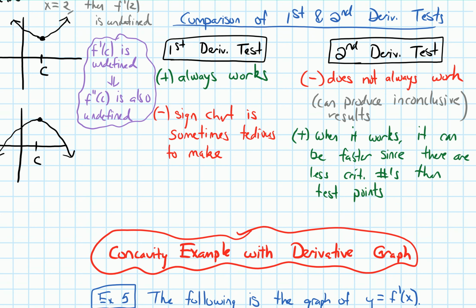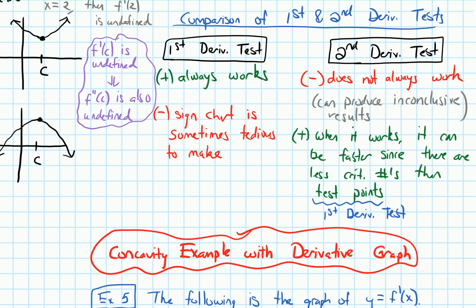And by test points, I mean things that we get in the first derivative test that we plug into the first derivative, numbers in each subinterval. So these are things from the first derivative test. So sometimes also the second derivative test is just simpler than the first derivative. So it's easier to plug into the second derivative than it would be into the first derivative.